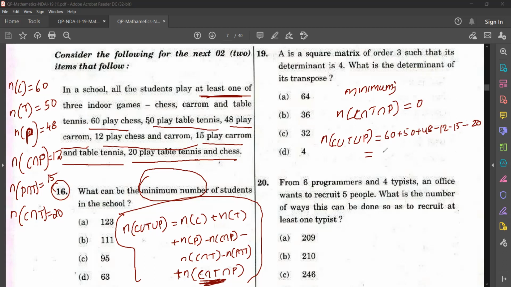Because C intersection T intersection P you took as 0 for minimum, you get the answer as 111. Option B is the correct answer.